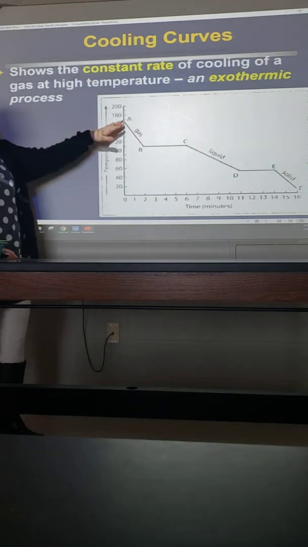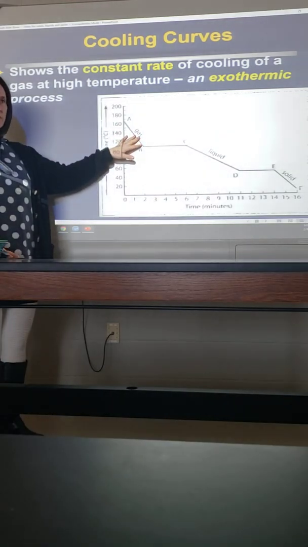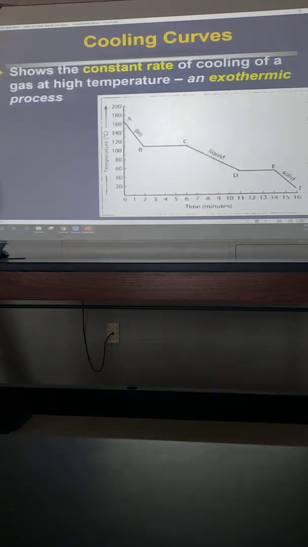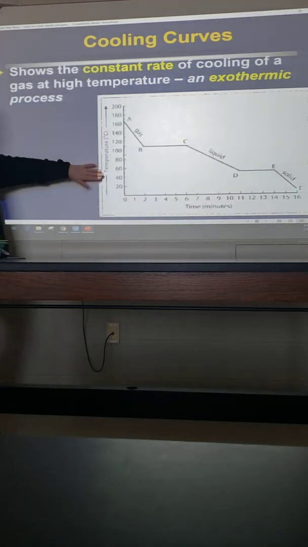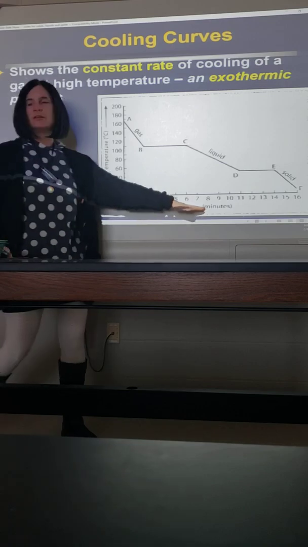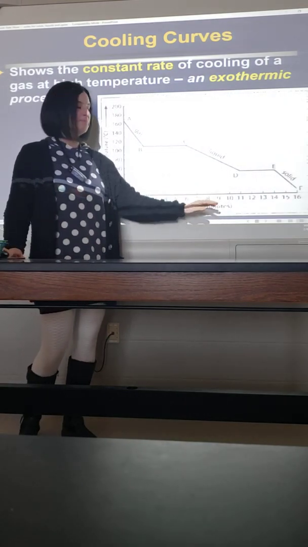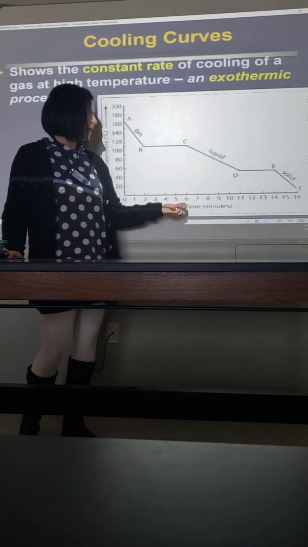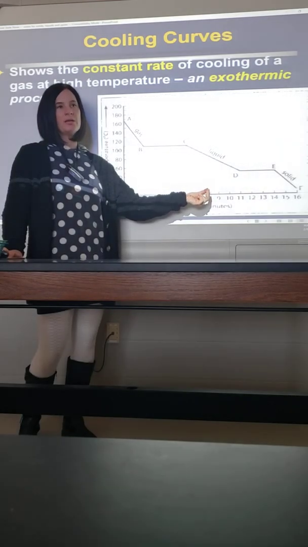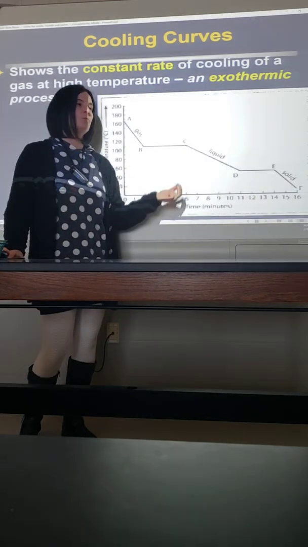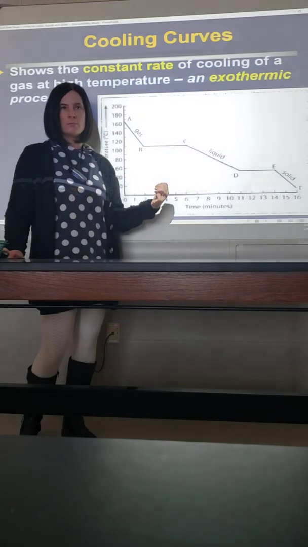All right, so this looks a lot like the heating curve that we looked at. So we have temperature in degrees Celsius, and then down here we have time in minutes. Remember, most of the time it's going to show time down here. We know this is really as thermal energy is being added or removed from the system.